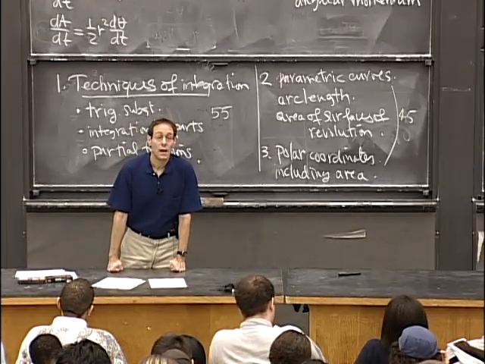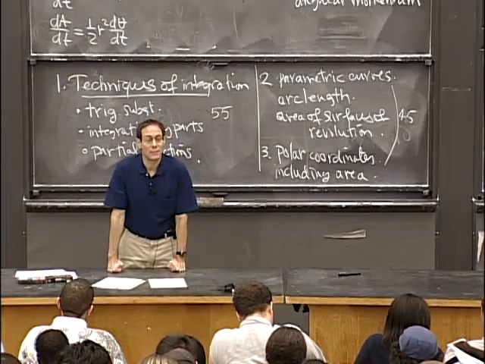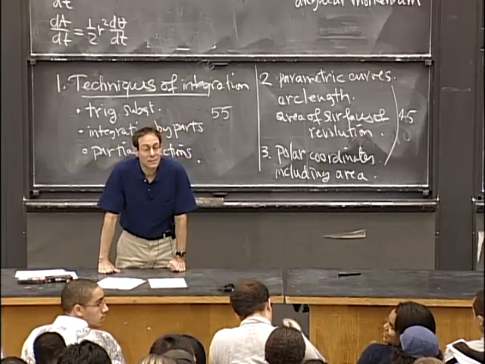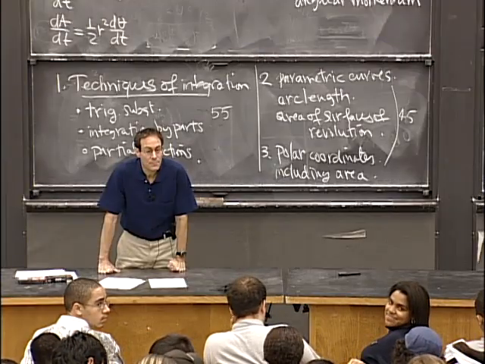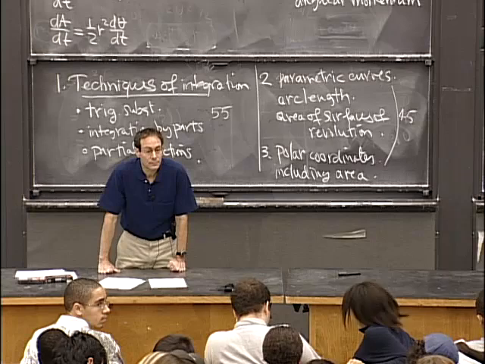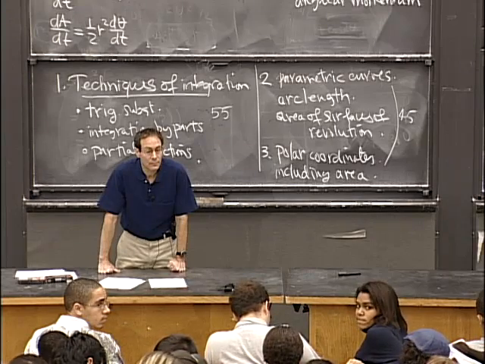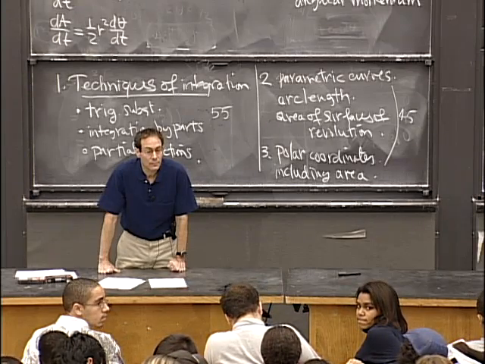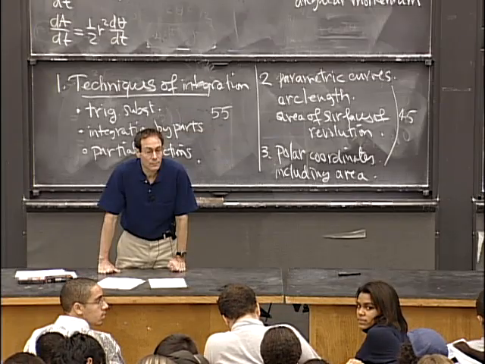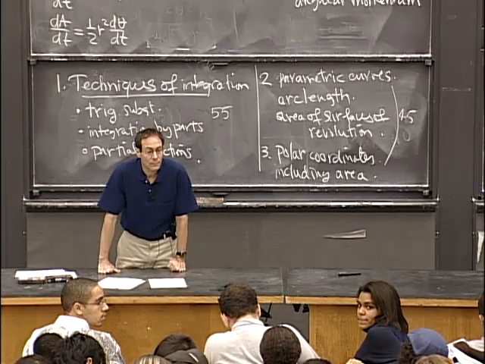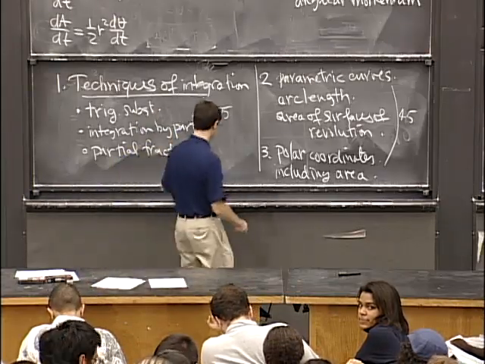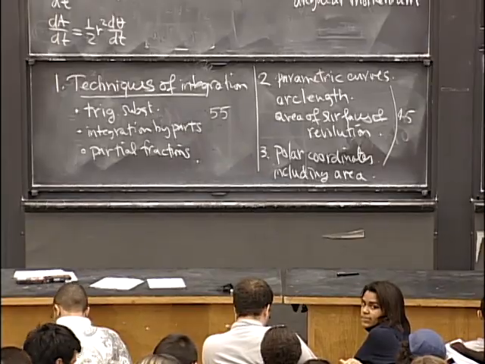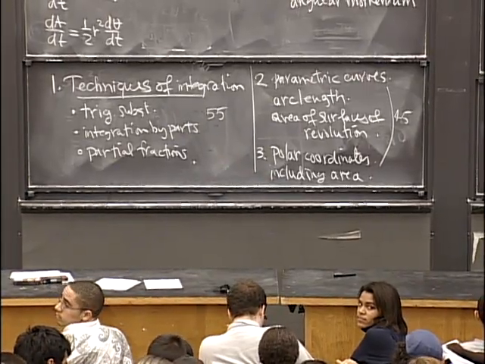Yes? In partial fractions, if you have something in the denominator that's squared or to the third power, you have to break it off into every power less than that, right? Like the example here, the quantity x plus 2 squared. One of your partial fractions is going to have to be x plus 2.